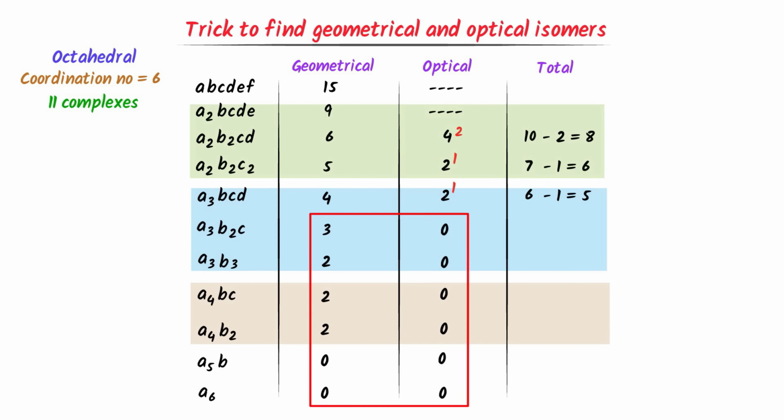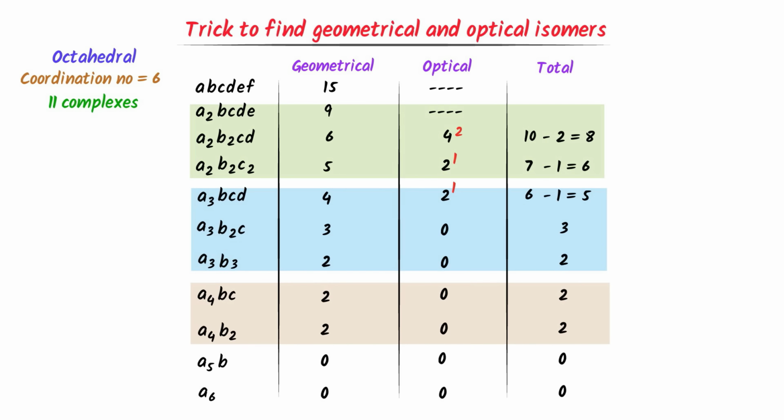The remaining are 3 plus 0 is equal to 3, 2 plus 0 is equal to 2, 2 plus 0 is equal to 2, 2 plus 0 is equal to 2, and then 0, 0. These are the total isomers of these complexes. Thus, using this trick, we can easily find geometrical isomers and optical isomers in coordination compounds.